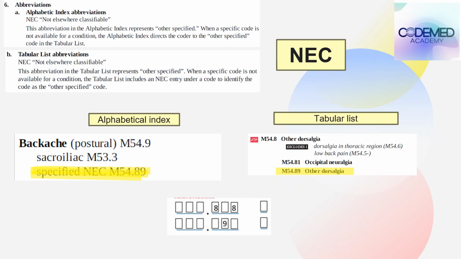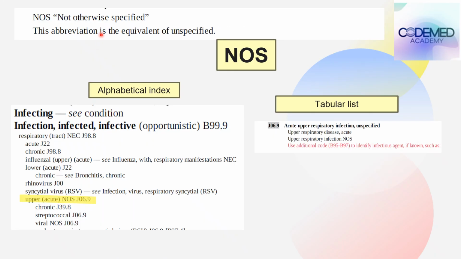So usually if it ends in 8 or 9, you can assume that this is a NEC. Now the next is NOS. NOS stands for not otherwise specified. So here you can see that there is a NOS and you have the code J06.9, that is not otherwise specified. The doctor was not specific about the infection.